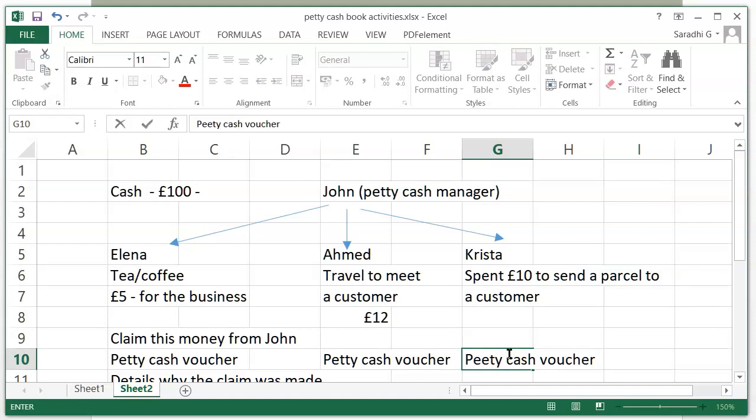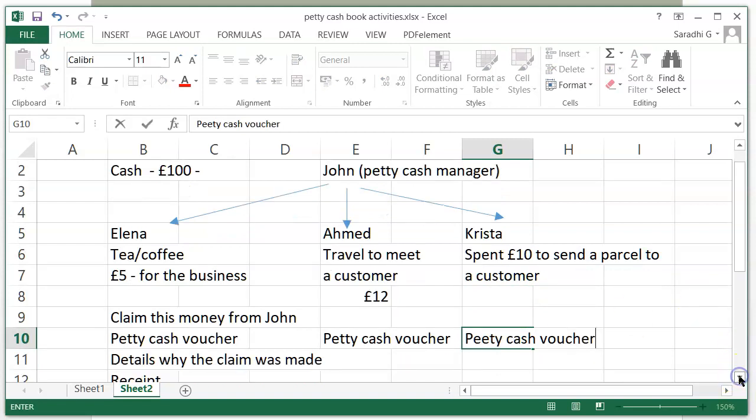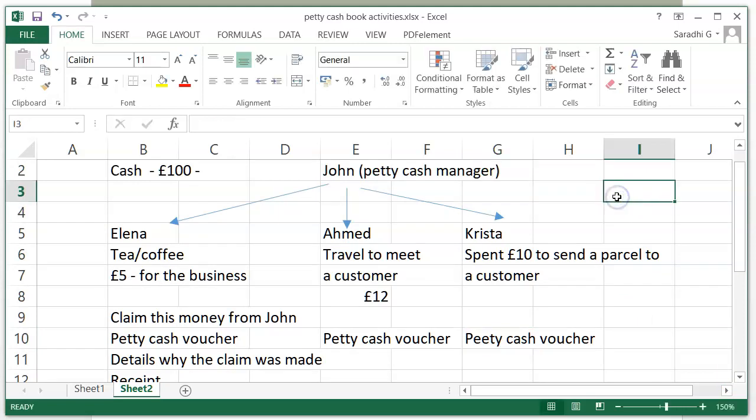So in total, the amount of money they spent so far will be 5 pounds for tea and coffee, plus 12 pounds for travel, plus 10 pounds to send a parcel. So in total they have spent 27 pounds until now.